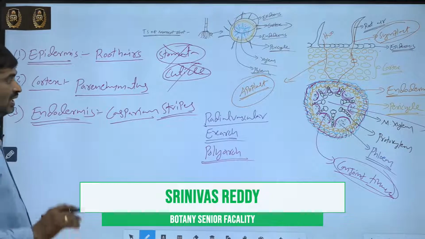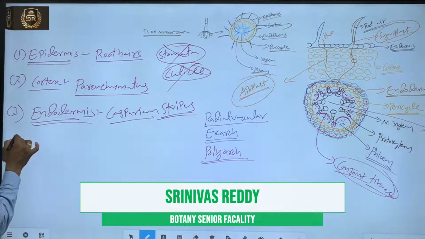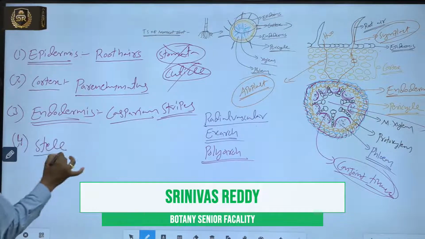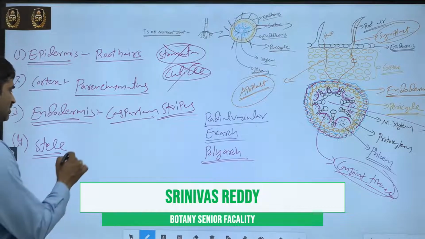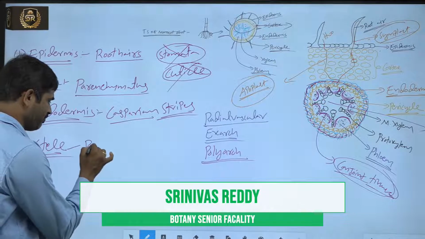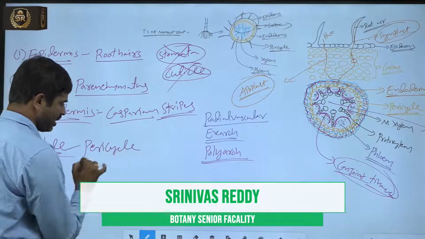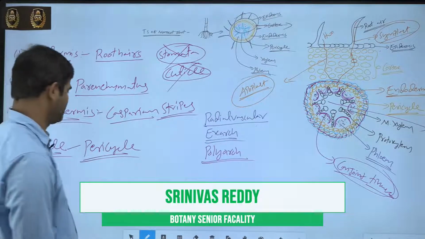Next part, vascular tissue means stele part. Stele can be divided into three parts, the first being pericycle. Pericycle is made up of parenchymatous tissue.